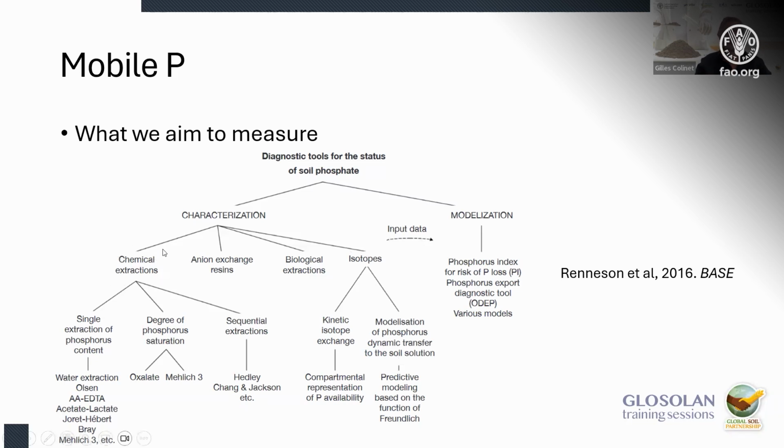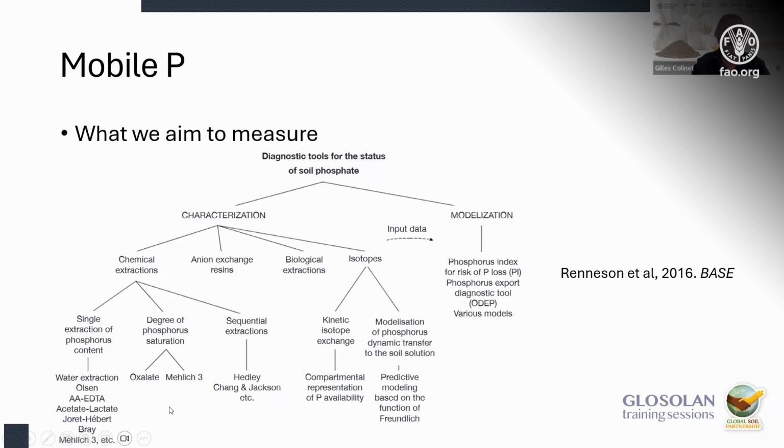So here we work with chemical extraction, and you can have different kinds of extraction. You can have single extraction of phosphorus content, where you find water extraction, but you also find Olsen extraction. You can have sequential extractions, which means that for the same soil, you put different reactants that are progressively more and more aggressive. There exist some protocols.